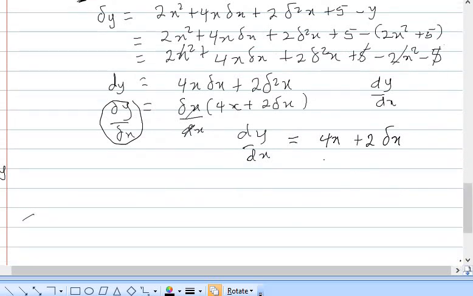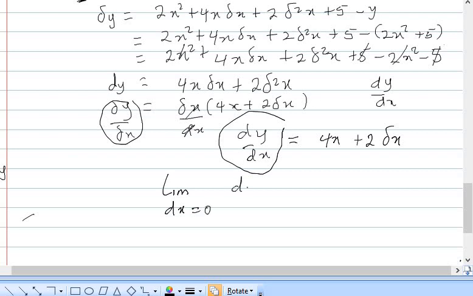We can also say, taking the limit, since here we still have del x, we have to eliminate it, since we only need dy by dx. So we can take the limit as del x tends to 0.